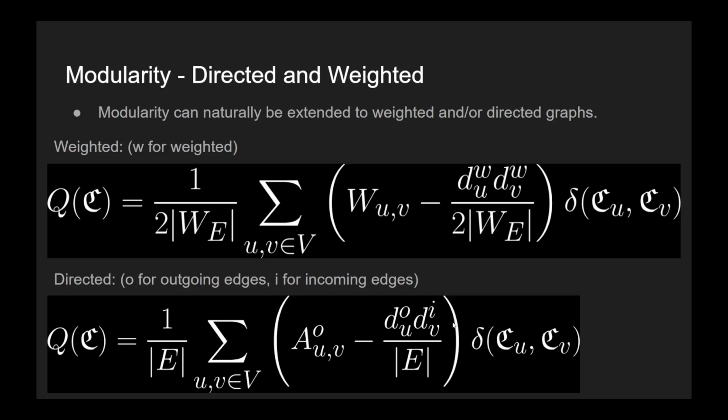Now the intuition behind that is that if you have an edge from a node with a high outgoing degree to a node with a high incoming degree, then that's expected.